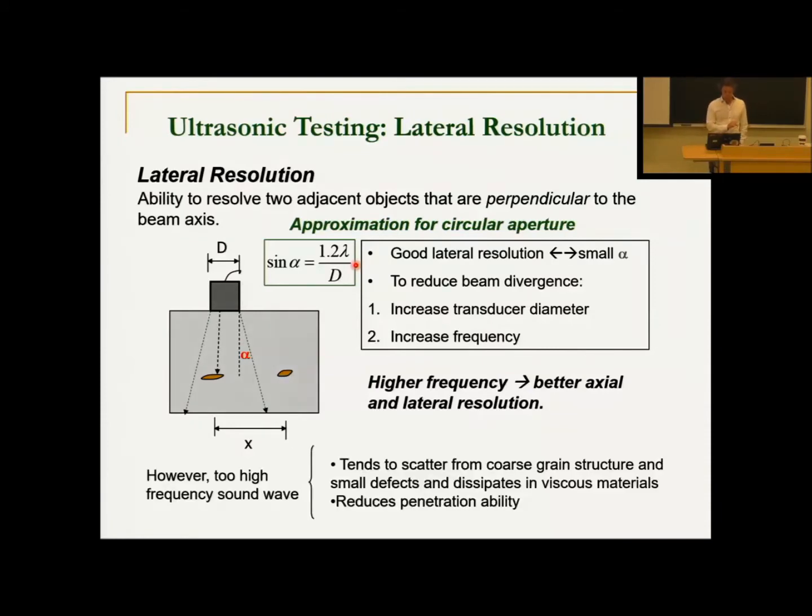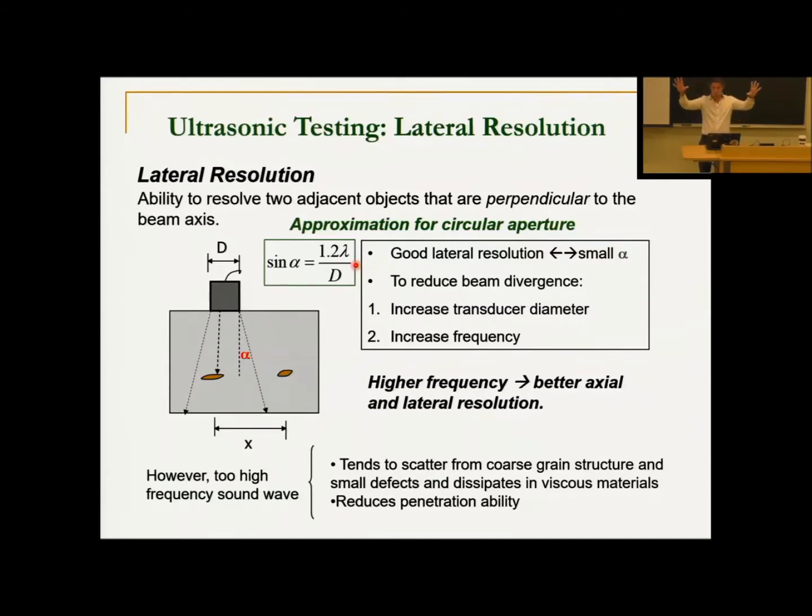The problem with that is that we have a limit to how high frequency we can generate. First of all, mechanically, with tools, it's not so easy to generate very, very high frequency waves, right? We have a physical limit on that. But more than that, when we increase frequency, we also increase the tendency for this wave energy to dissipate and disappear and not propagate as a ballistic signal going down and back.